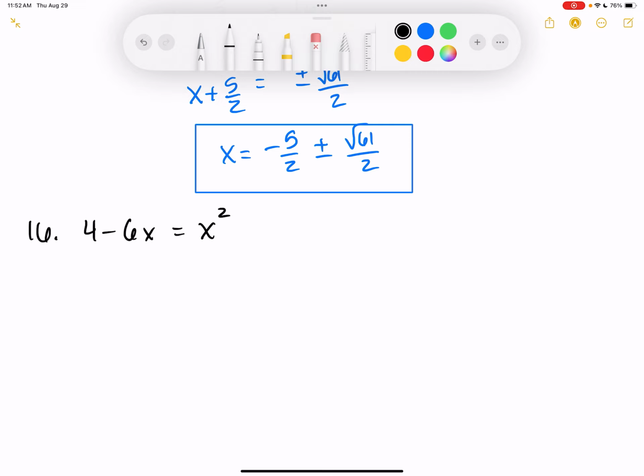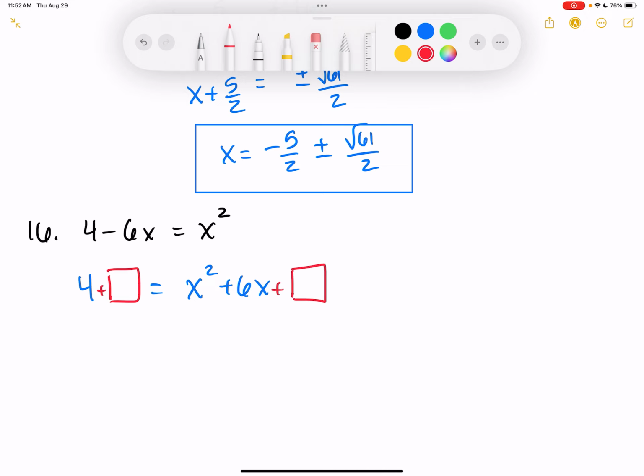Move the 6x over. I'm going to move this 6x over because I need to have the constant term on the opposite side. So I'm going to have 4 equals x squared plus 6x. Now I can add my box to both sides.